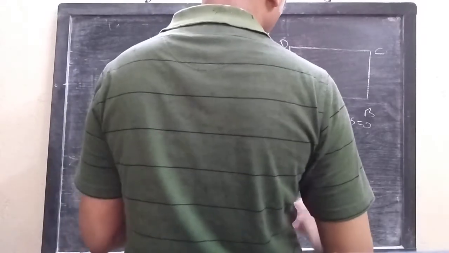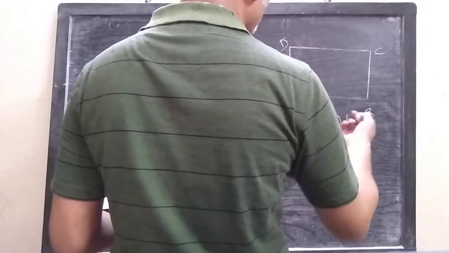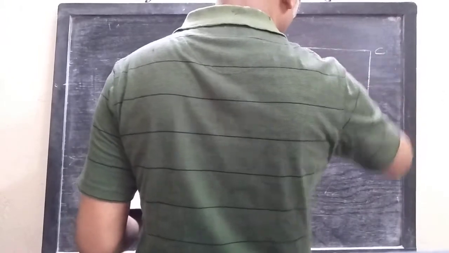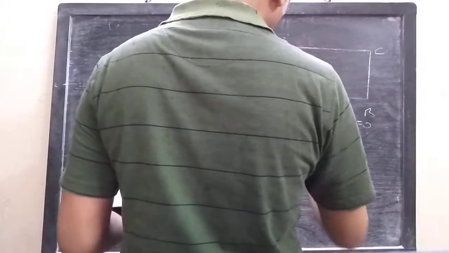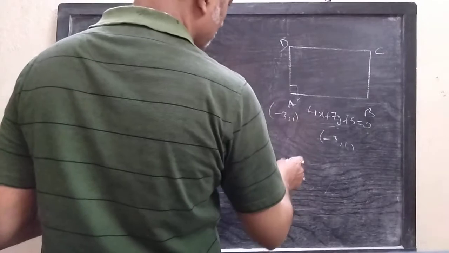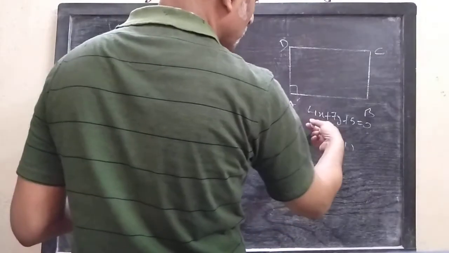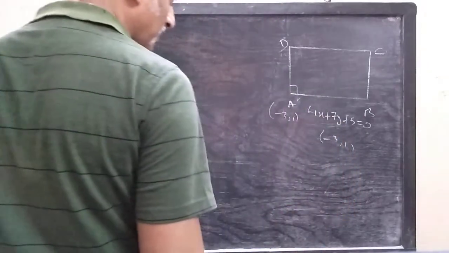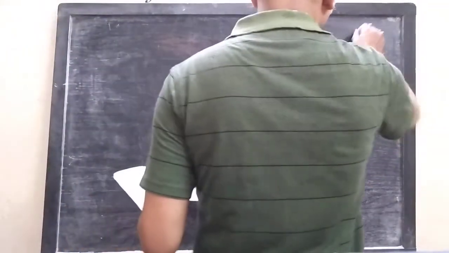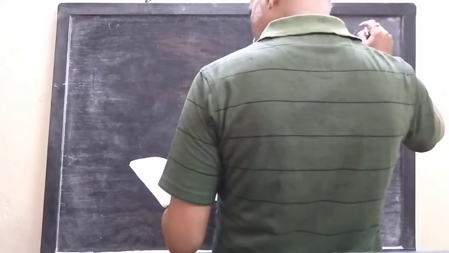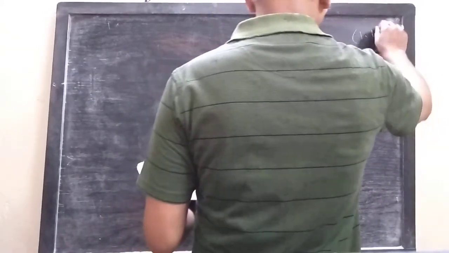Now we have to check whether (1, 1) will be coordinates of C or D. If it is D, then AD should be perpendicular to this. If it is D, then its slope will be 0, which will not be perpendicular to this line. So this can't be D. This coordinate will be of C, (1, 1).